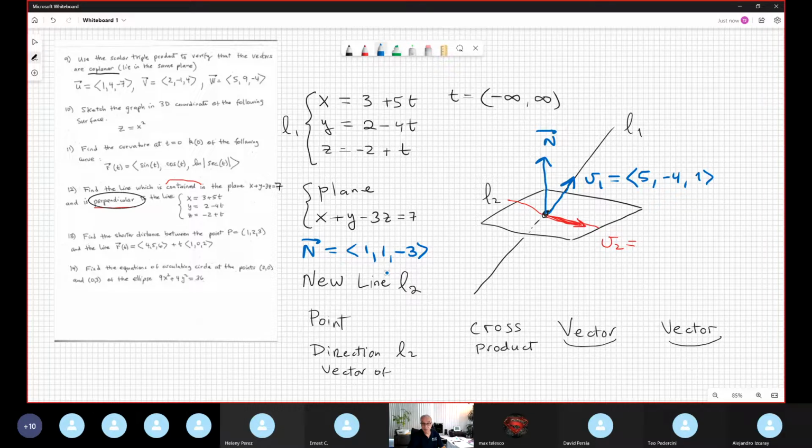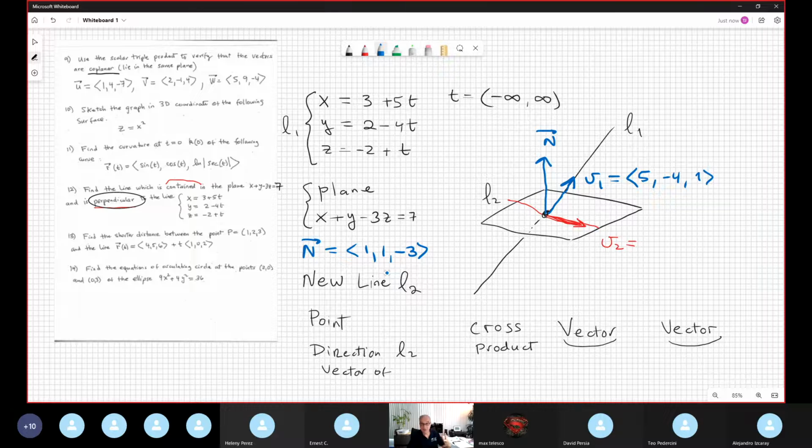In my drawing I don't see it clearly, but they are perpendicular in 3D. When you perform the cross product between B1 and the normal vector, it gives me B2.